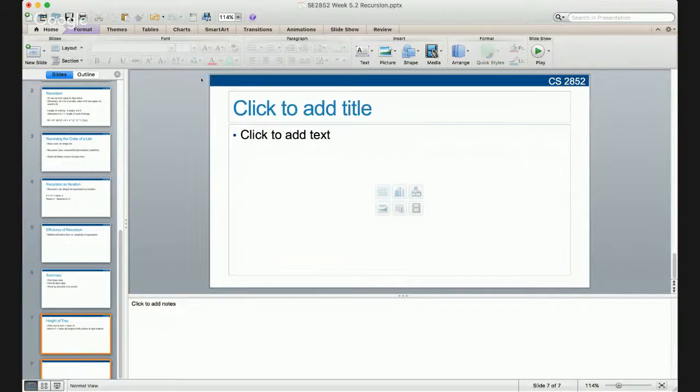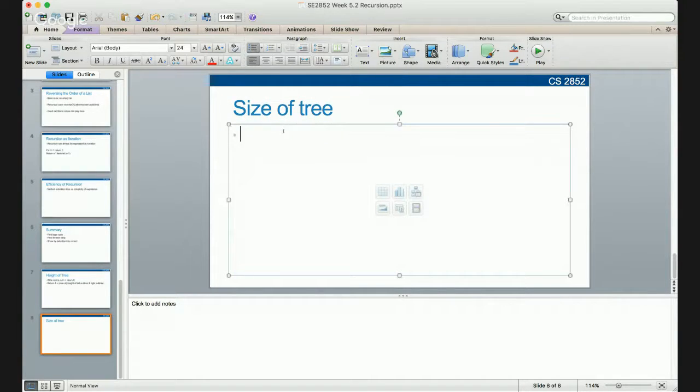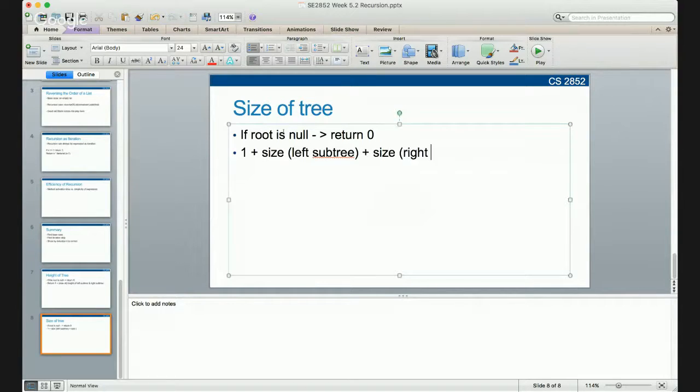The other one that was good to know would be size. And we saw how to do that. If the root is null, that means the size is 0. That's easy enough. Otherwise, the size of the tree is 1 plus the size of the left subtree plus the size of the right subtree.